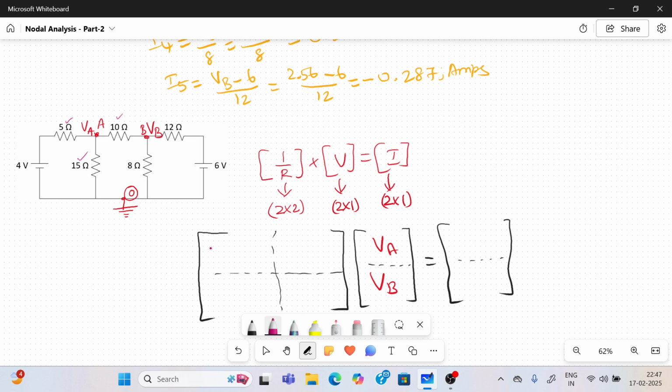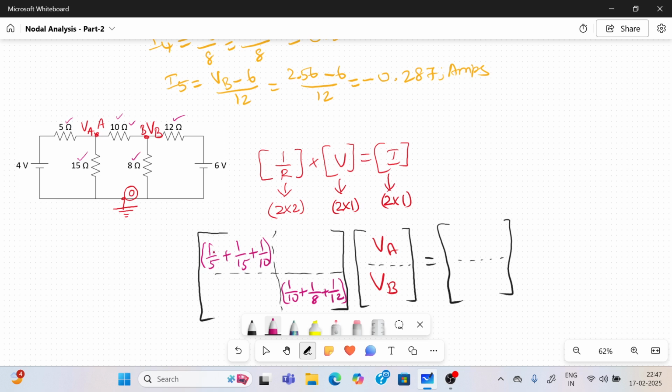So take the reciprocal of each and add: for 5 it is 1 by 5, for 15 it is 1 by 15, for 10 it is 1 by 10. Similarly, what about the second diagonal? Same. So 10 ohm, 8 ohm, 12 ohm: 1 by 10, 1 by 8, and 1 by 12. Close the bracket.